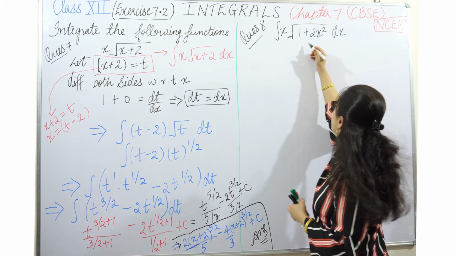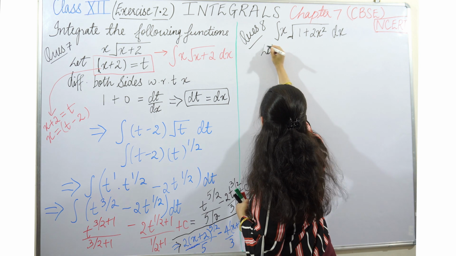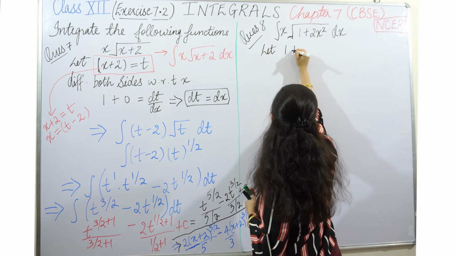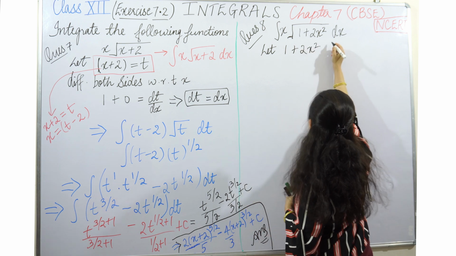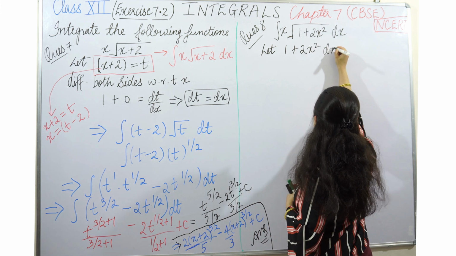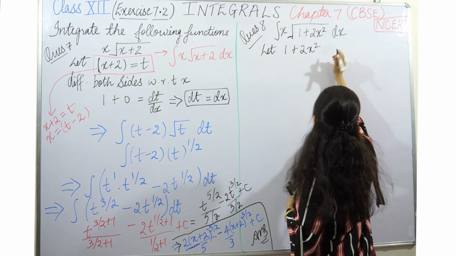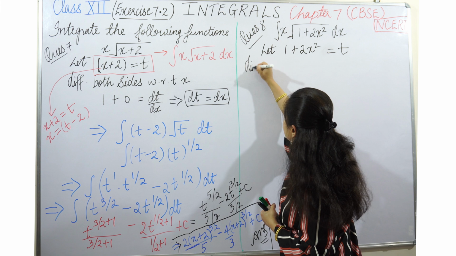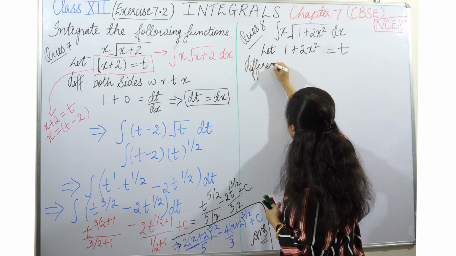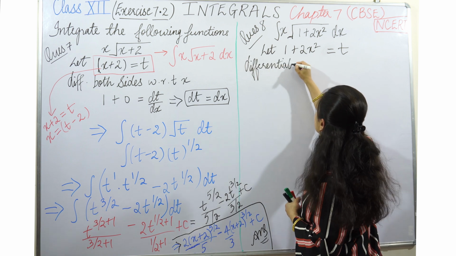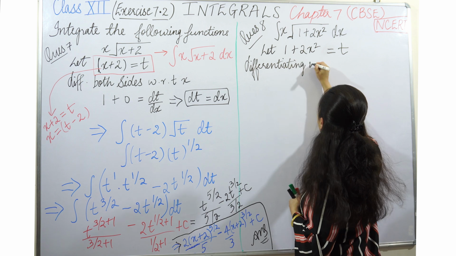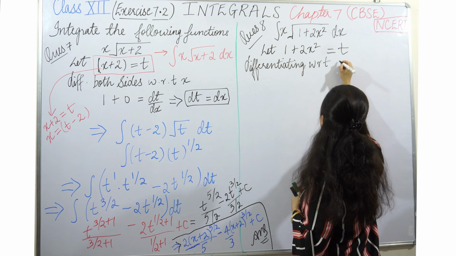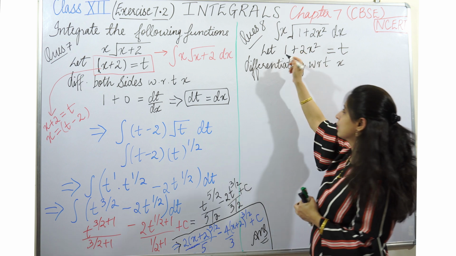Okay. So again, same way, let 1 plus 2x square be equal to t. Now differentiating with respect to x. So 1 is a constant.